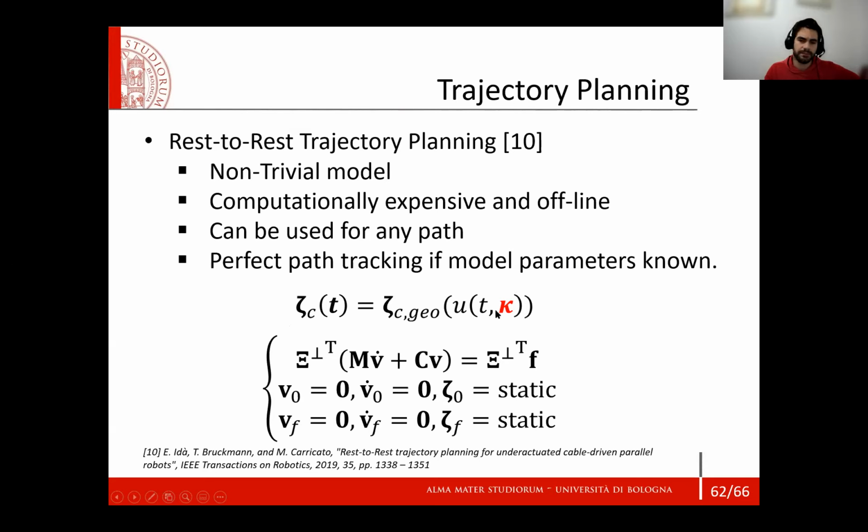This is done by adding additional design parameters to our motion law, called K in this slide, and solving a boundary value problem in which the internal dynamics of the system is the differential equation, and the static constraints at the start and the end of the trajectory are the boundaries we need to satisfy.